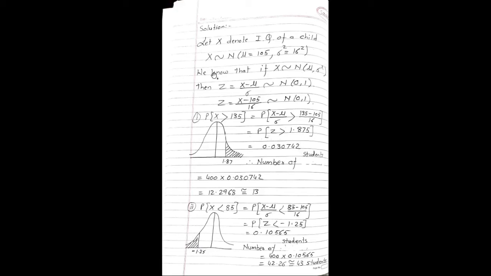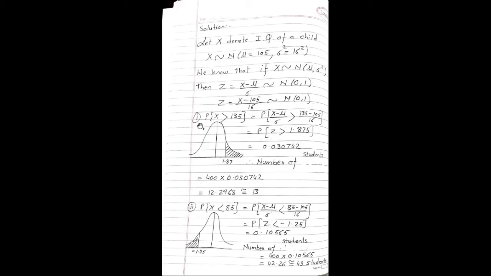Now we know that if x follows normal with mu, sigma square, then z equal to x minus mu upon sigma follows normal 0, 1. This is the property of normal distribution. So z is equal to x minus 105 divided by 16, since the standard deviation is 16, and it will follow normal 0, 1.